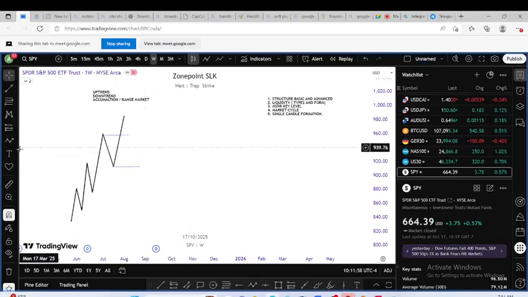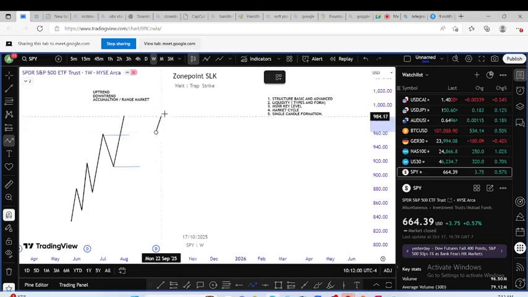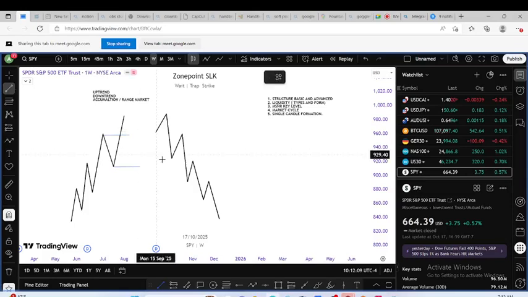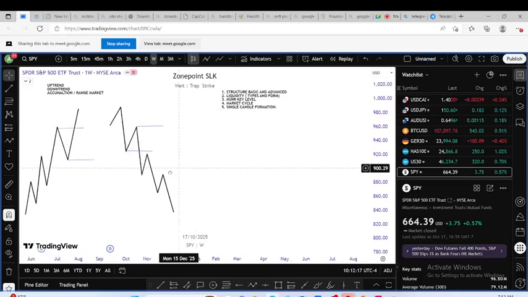And when the market is in a downtrend like this, coming down, the textbook version is this is our lower low, and this is our lower high.